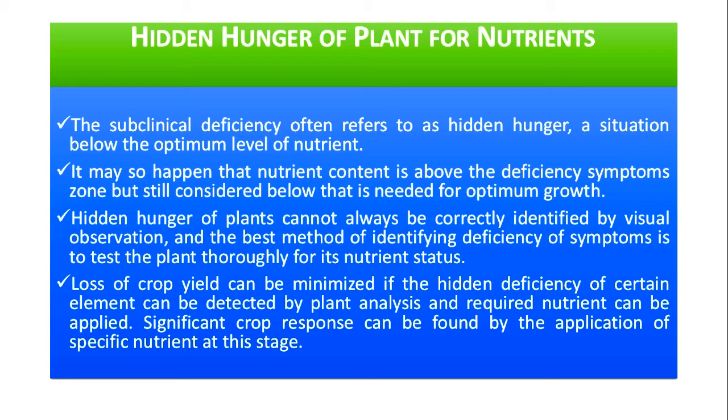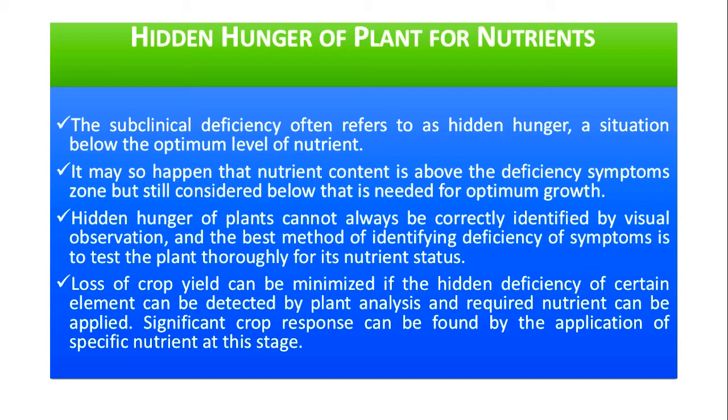The precondition of the deficiency is the hidden hunger of a plant for nutrients. This is the subclinical deficiency, often referred to as hidden hunger, a cessation below the optimum levels of nutrients. It might so happen that the nutrient content is above the deficiency symptoms zone, but is still considered below what is needed for optimum growth.